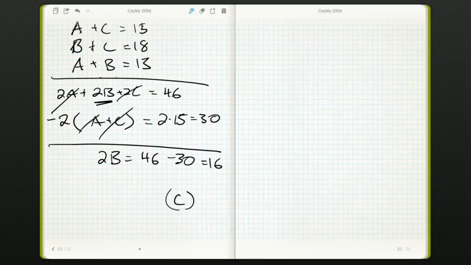The way the numbers are going, you can tell A is going to be less than B is going to be less than C. So 2 B's should be bigger than A plus B, but less than B plus C. So we'll definitely have 14, 15, 16, or 17 as our answer. Then we get 16 in total, so that's not bad at all.